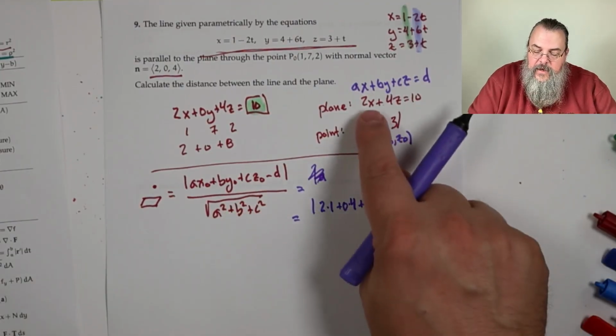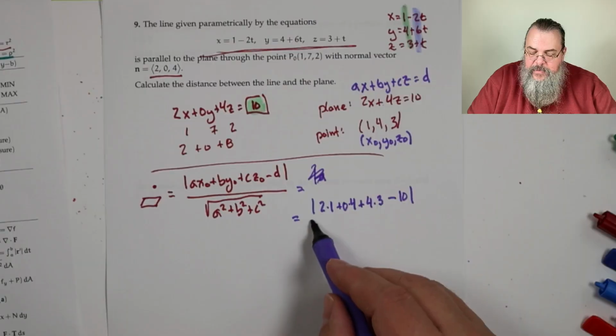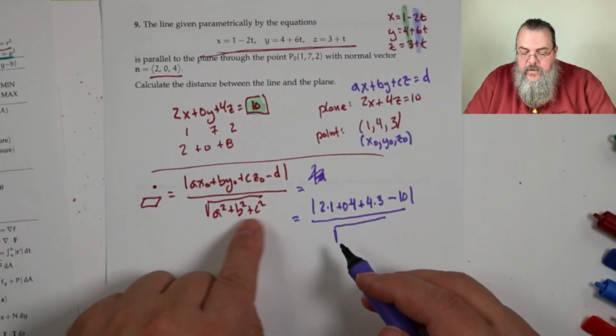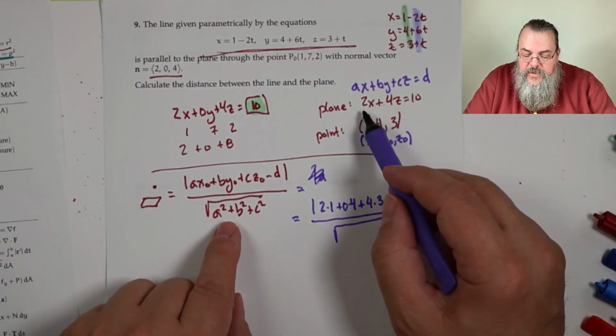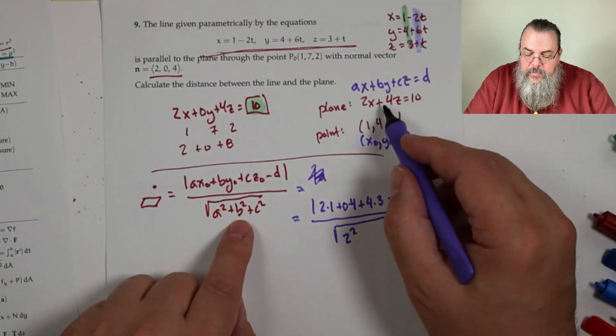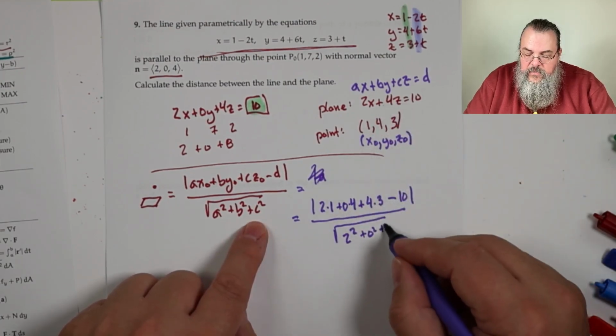So how far off are these two sides if you plug in the point? That's what the top is asking. Divide by the square root, and now the normal vector from your coefficients: 2 squared, 0 squared, and 4 squared.